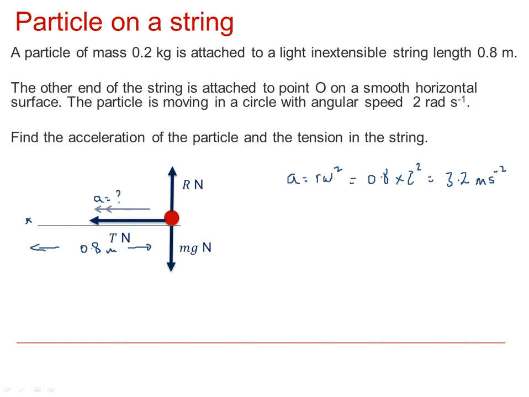Newton's second law, acting towards the centre of the circle, tells us that F equals ma, and so therefore we can say that the tension T is the mass, which is 0.2, multiplied by the acceleration that we found, which is 3.2, and that gives us a value of T of 0.64 newtons.